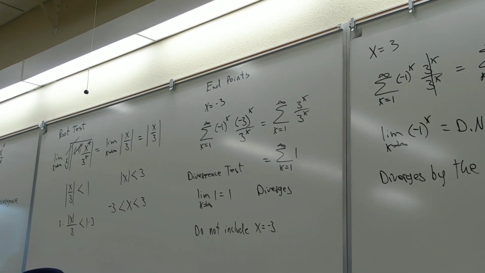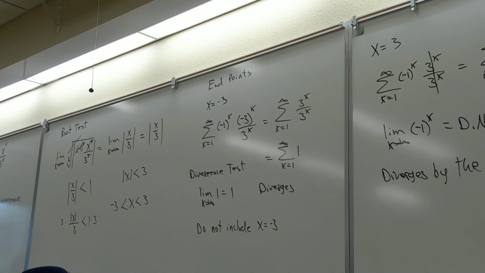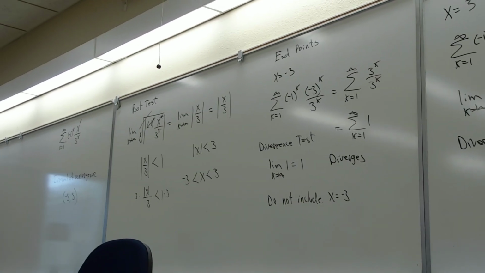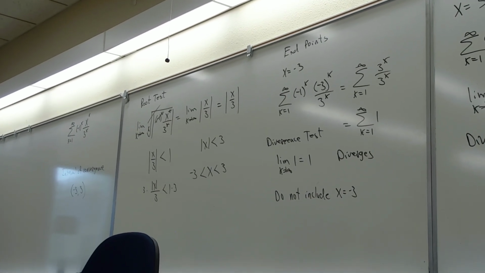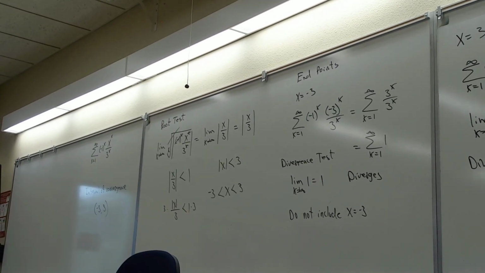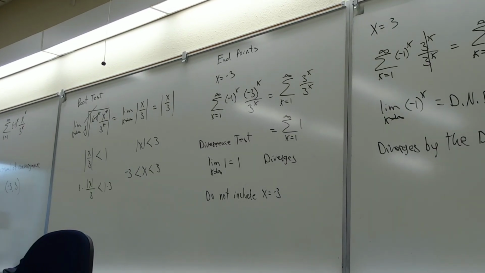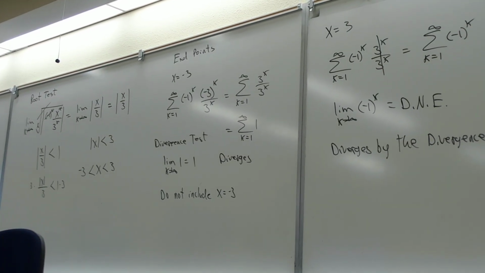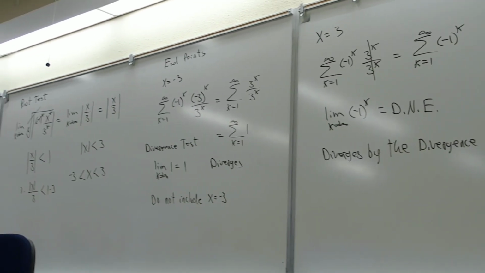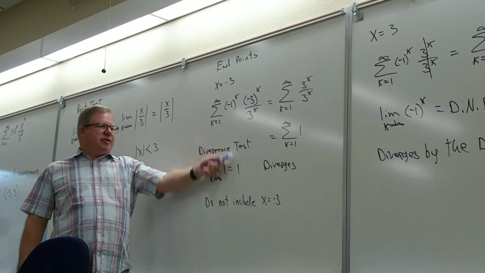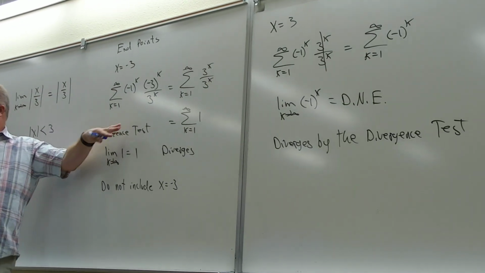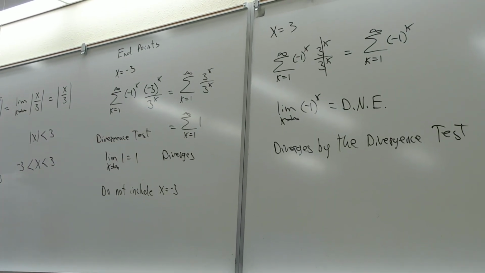You need to show something basic. No, you need to do the divergence test. When you test the endpoints, you need to show some reasoning why it diverges or converges at the endpoint. You can't just say diverges, all right? You need to justify it.